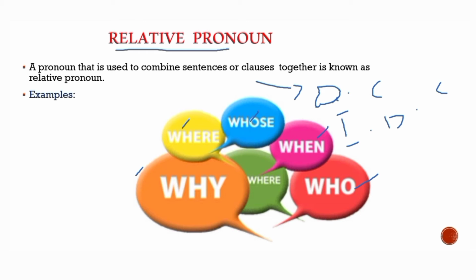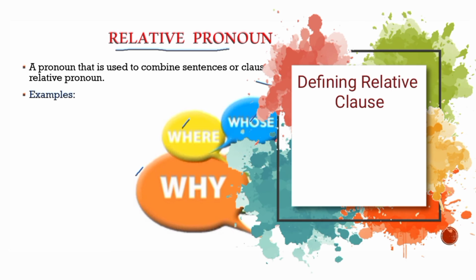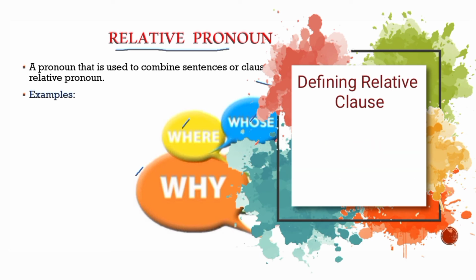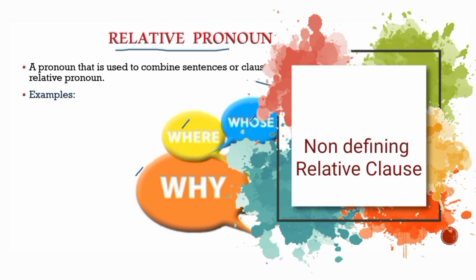Relative clause always provides extra information, and there are two types of relative clause. It may be defining relative clause and non-defining relative clause. Defining relative clause is a clause that provides necessary information, and non-defining relative clause provides us information that is unnecessary, that is not necessary for us in a sentence.